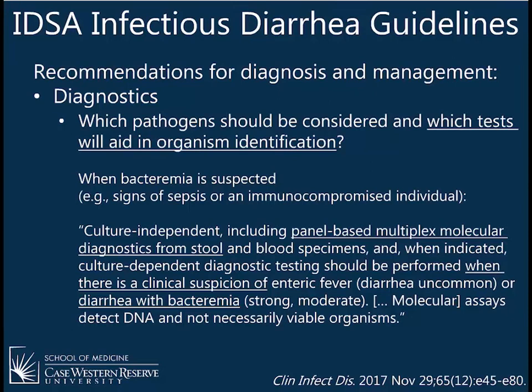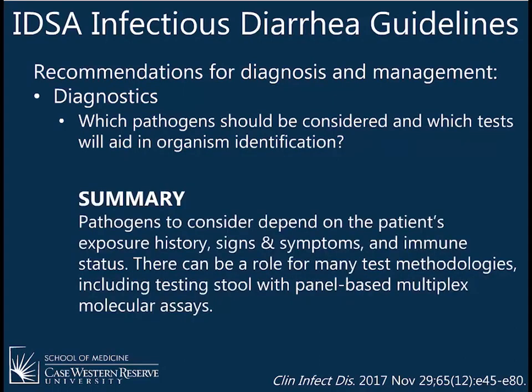The guidelines state that culture-independent diagnostic testing, including panel-based molecular diagnostics from stool and blood specimens, when indicated, culture-dependent diagnostic testing should be performed when there's clinical suspicion of enteric fever, which we rarely see in the U.S., thankfully, or diarrhea with bacteremia, which would be more common in the U.S. That recommendation is a strong recommendation with moderate quality of evidence. And they mention the caveat that we need to remember that molecular assays detect DNA and not necessarily live organisms.